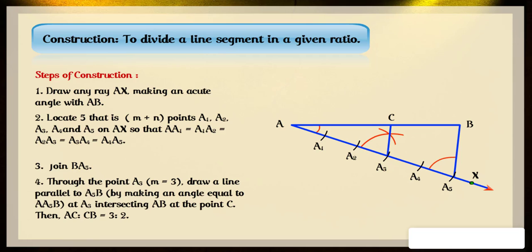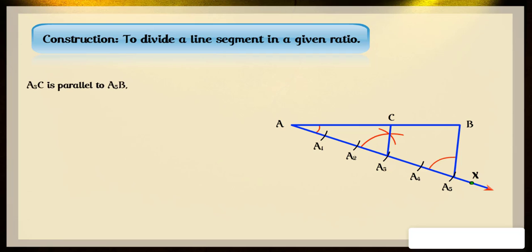Let us see how this method gives us the required division. Since A3C is parallel to A5B, therefore AA3 upon A3A5 is equal to AC upon CB, by the basic proportionality theorem.